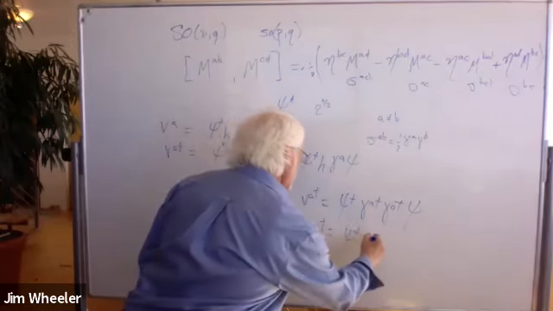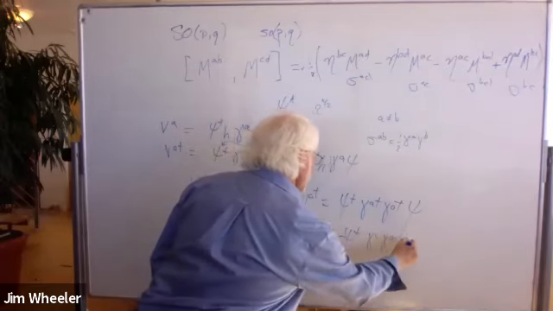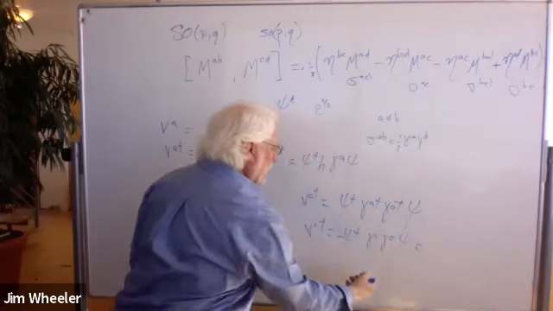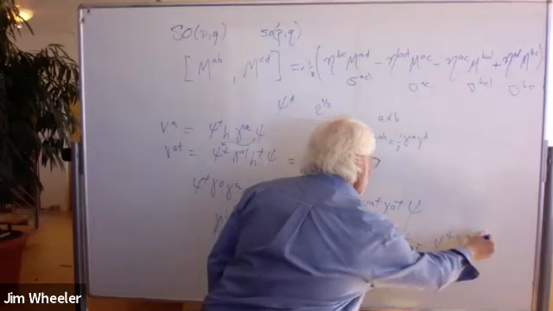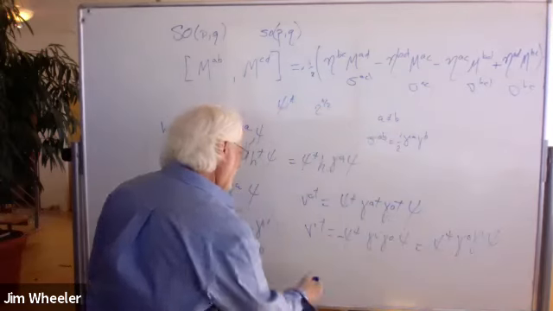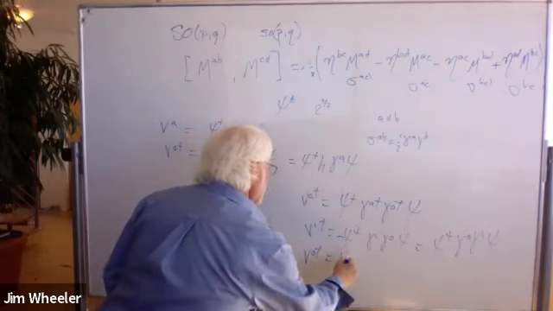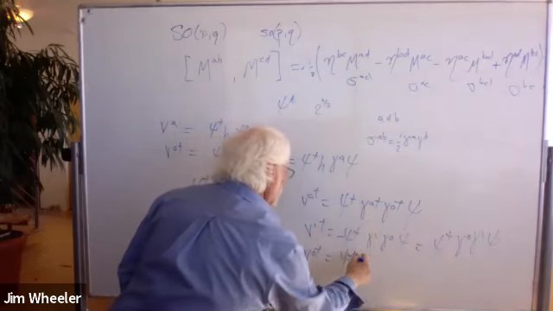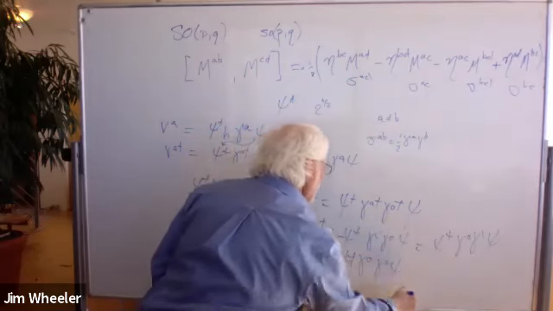This is psi dagger minus gamma I, gamma 0 psi. But now you commute this back and you get psi dagger gamma 0 gamma I psi. For the time-like one, psi dagger, this is Hermitian. I have gamma 0, that's Hermitian, gamma 0 psi.